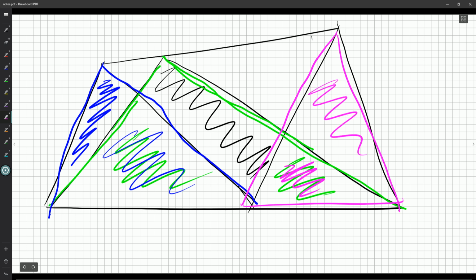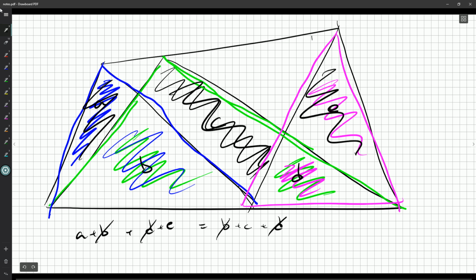So if we could show something like the blue triangle plus the pink triangle must be the green triangle, that wouldn't be bad, because then, if you name this A, this part B, this C, this D, and this E, showing that the blue triangle, A plus B, plus the pink triangle, D plus E, is the same as the green triangle, which is B plus C plus D. Cancel out the B's and the D's, and you've got A plus E equals C, which is what we want.